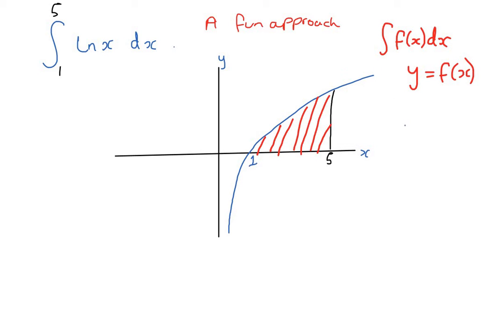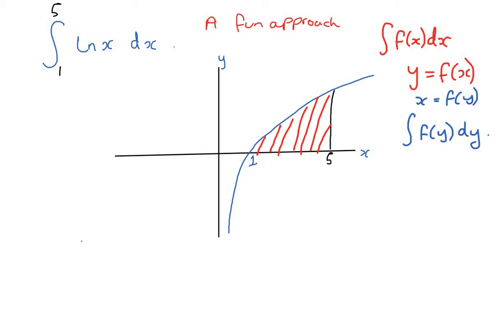However, we can quite easily integrate against the y-axis. The only difference is we need to have it in terms of y. In other words, we would have a function x equals f of y, and we would just integrate f of y dy. So let's have a look at this.